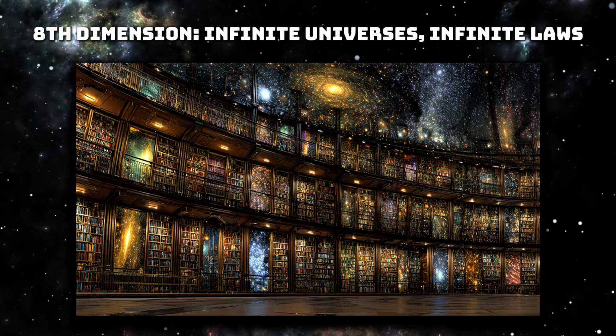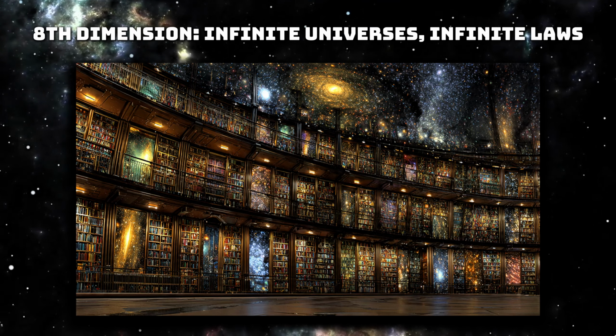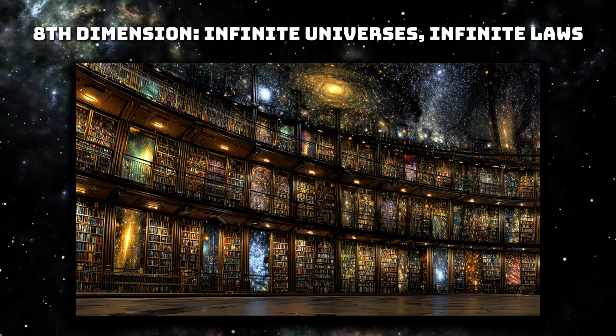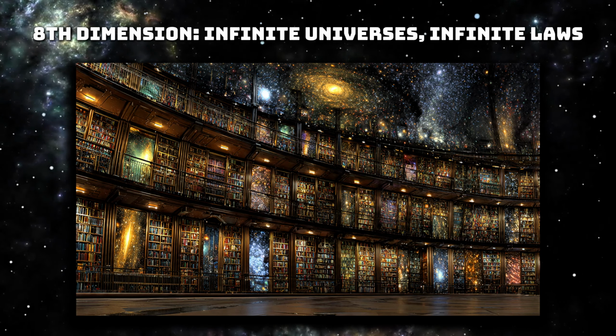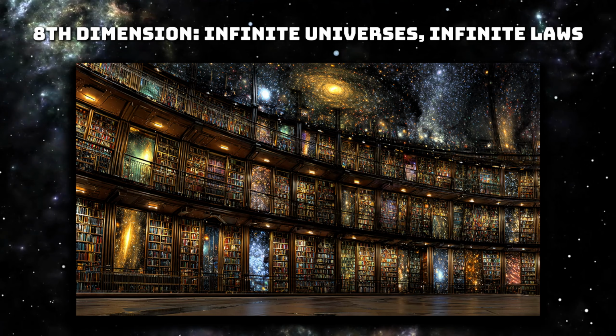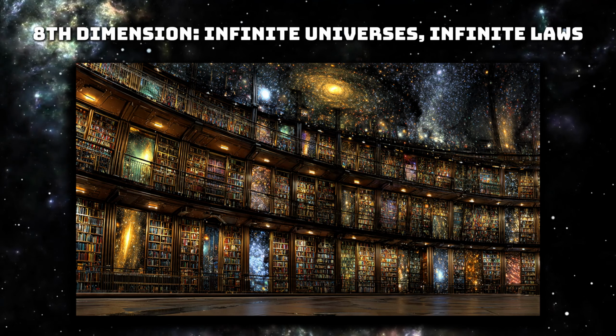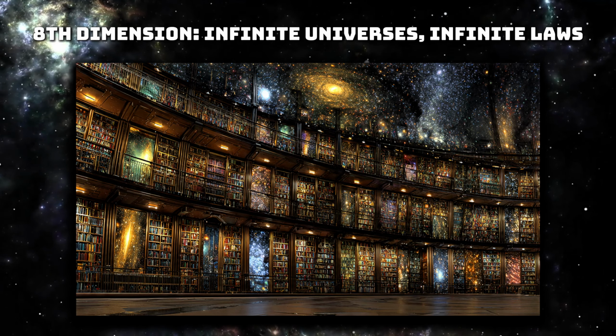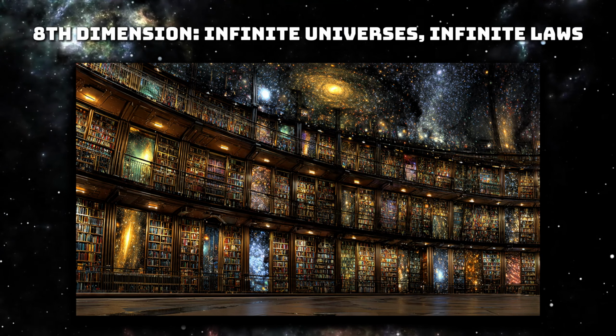Different geometries. Geometry is the shape and curvature of space. Our universe uses a specific form of geometry, primarily 3D space with curvature described by general relativity. But in the eighth dimension, universes can have completely different geometrical foundations.